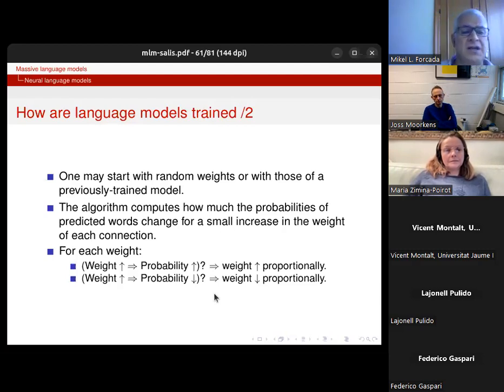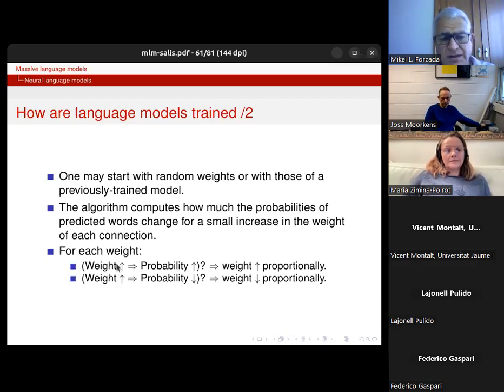And the algorithm that is used for training actually computes how much the probability of the predicted word changes for a small increase in each weight. So you basically move each weight a little bit, and you see what happens with the probability.